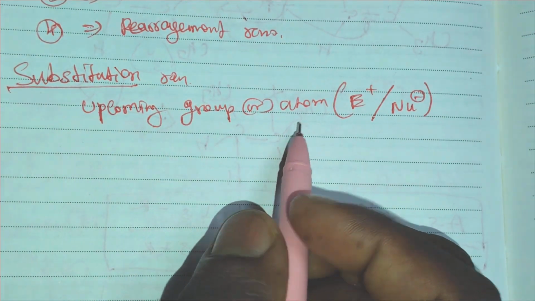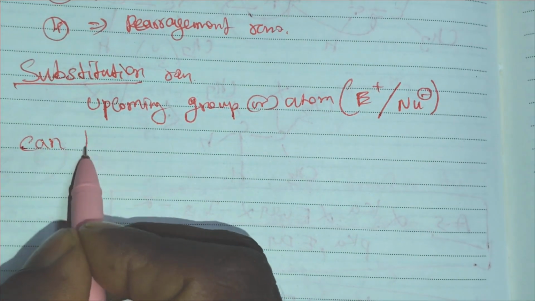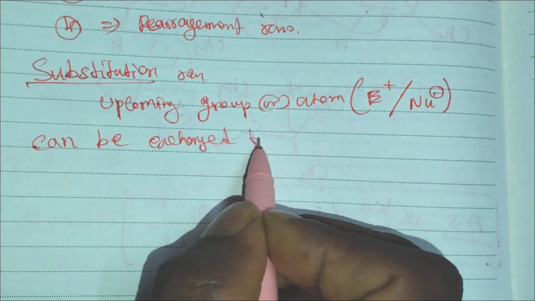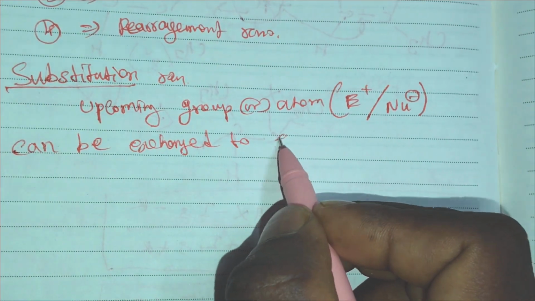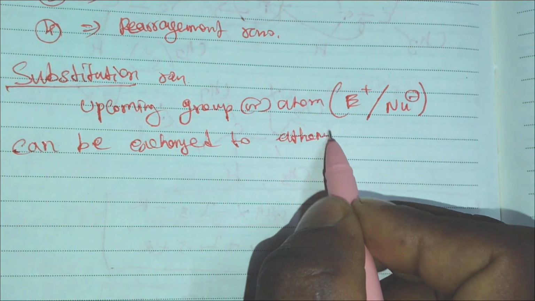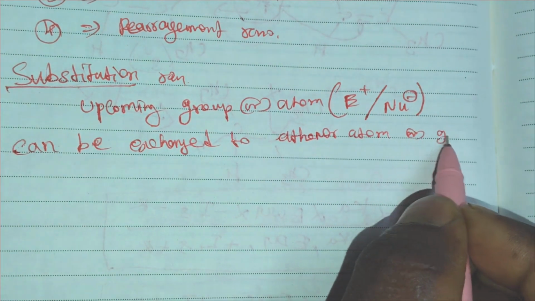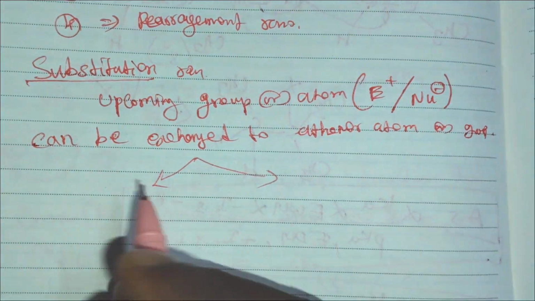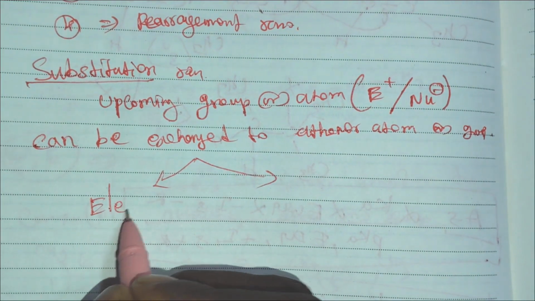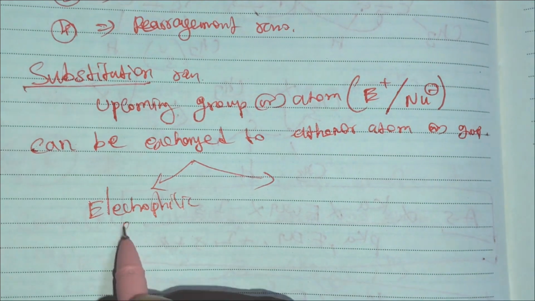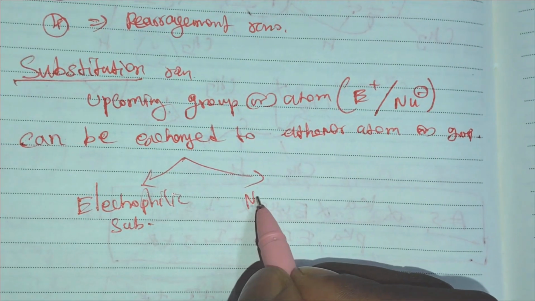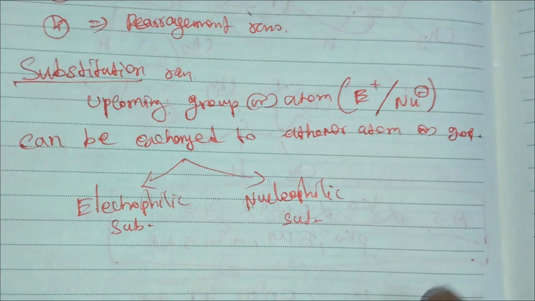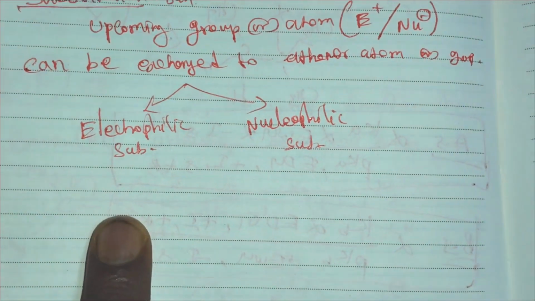The upcoming group or atom can be exchanged for another atom or group. This can be classified into two types: electrophilic substitution reaction and nucleophilic substitution reaction. So this is a GOC unit.